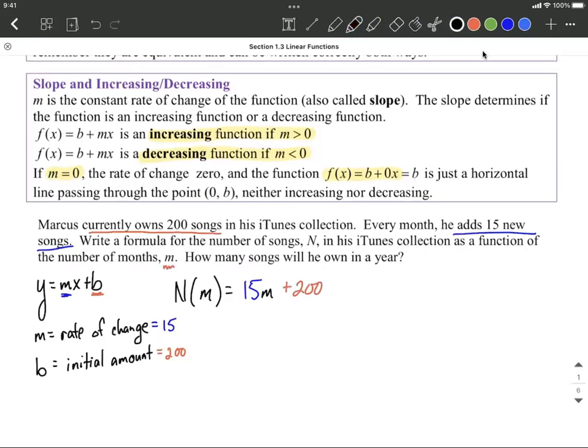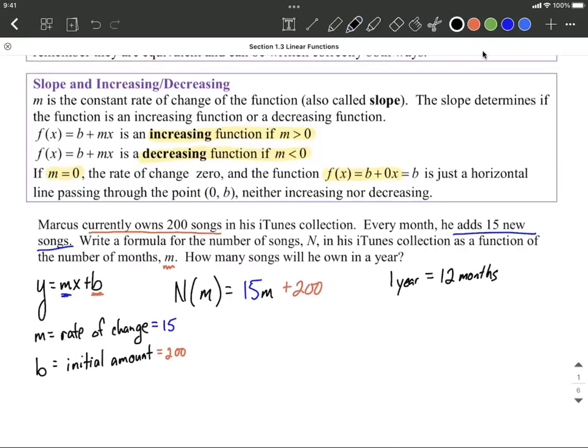All right, let's try to answer the follow-up question. How many songs is he going to own in a year? Well, 1 year is going to be equivalent to 12 months. Now, our rate of change is based on the number of months, right? That it's 15 new songs every month, not every year.